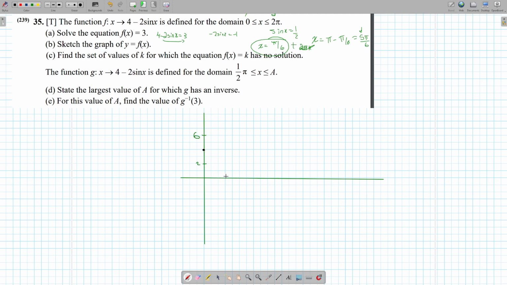Between 0 and 2 pi, you're going to go here. Use table mode on your calculator if you don't believe me. 1, 2, 3, 4 at pi, 1, 2, 3, 4 at 3 pi over 2, 1, 2, 3, 4 at 2 pi. Okay, so it goes up like this.